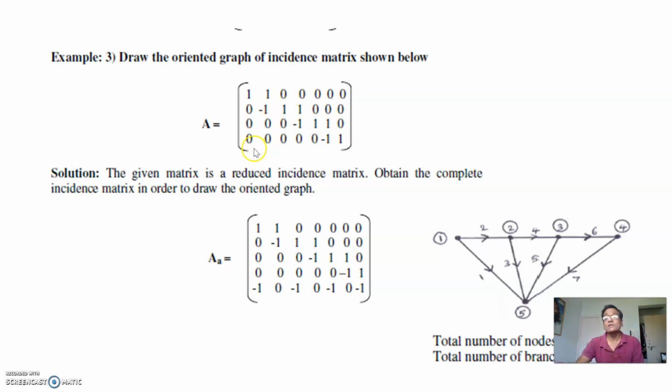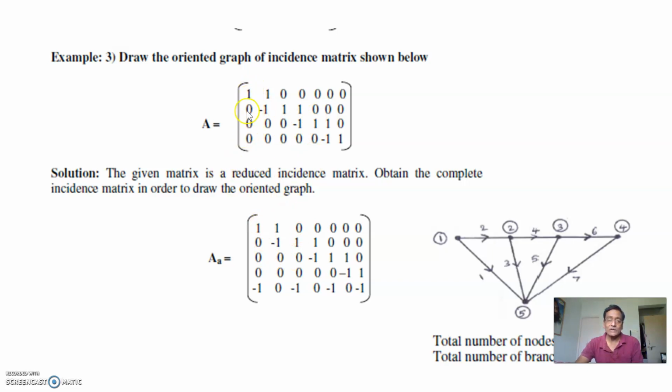That means it requires one row to be added to this. I am going to produce the complete incidence matrix from the given matrix, which is already a reduced incidence matrix. How to get the complete incidence matrix from the reduced incidence matrix? By this addition property.